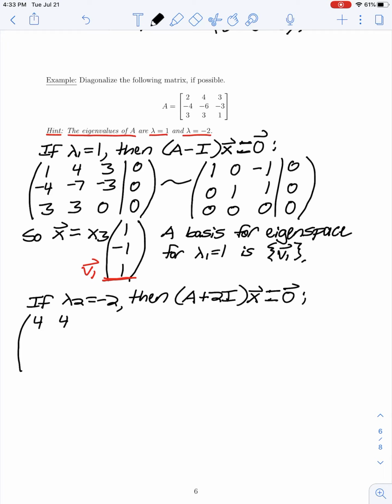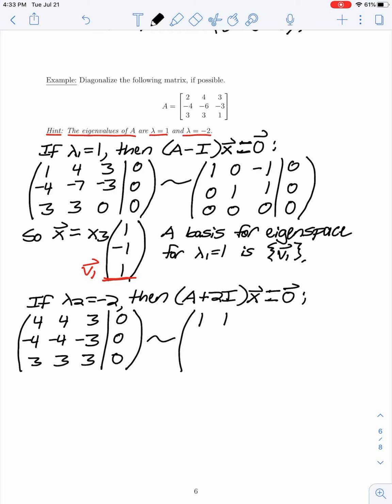So we have 4, 4, 3, -4, -4, -3, and 3, 3, 3, augmented with the 0 vector. So this matrix is row equivalent to the matrix 1, 1, 0, 0, 0, 1, 0, 0, 0, augmented with the 0 vector.